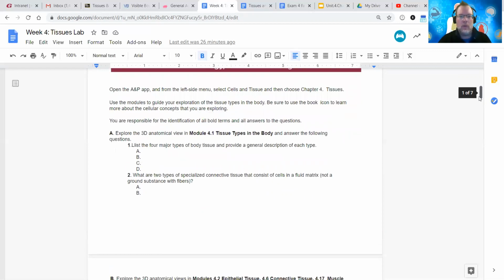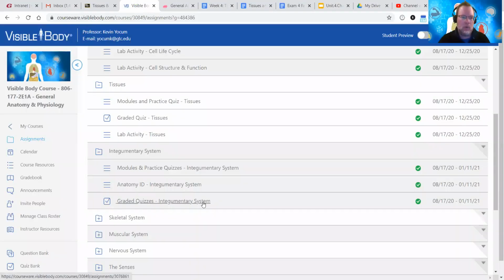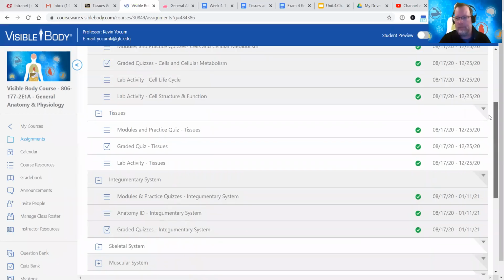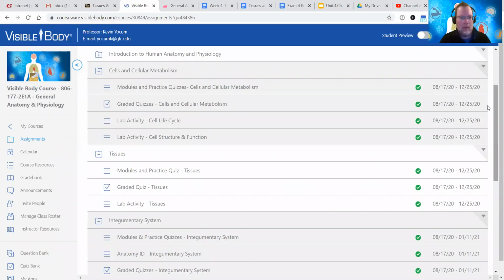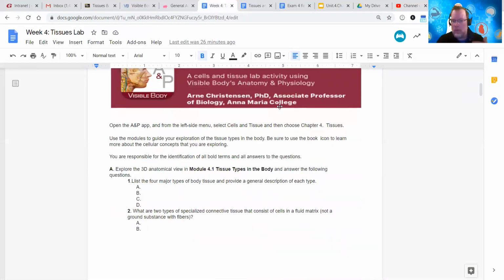Okay. So as we saw last week, we're going to open up Visible Body, the actual program. I'm going to minimize last week. So we've got tissues and integumentary. That's what we're working with this week.